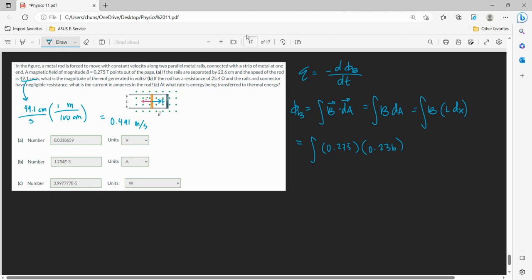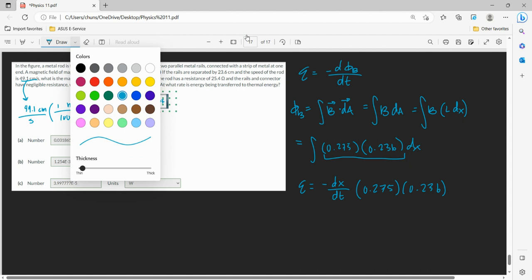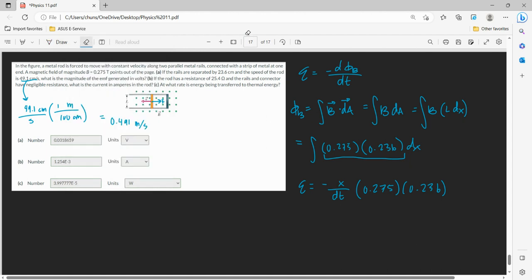And if we put that into this electromotive force equation, we get dx over dt times 0.275, 0.236, and then we can just replace this by our velocity, right?